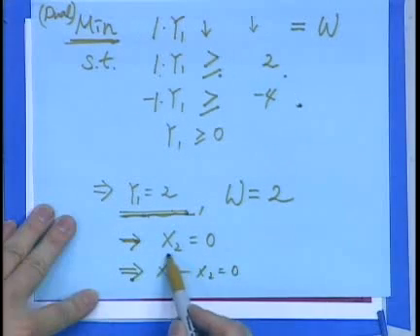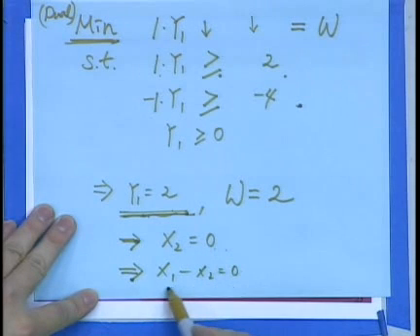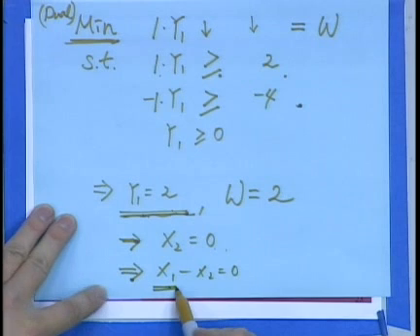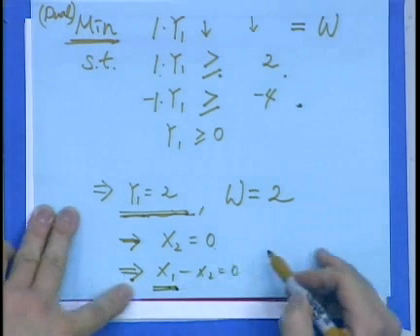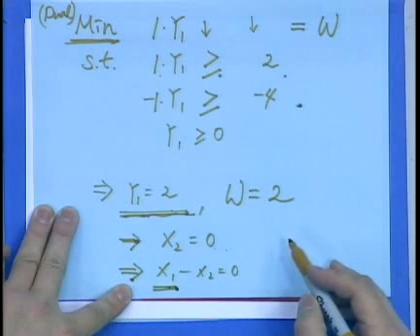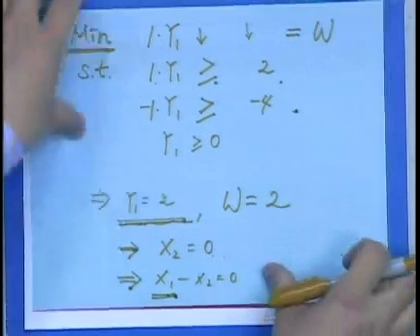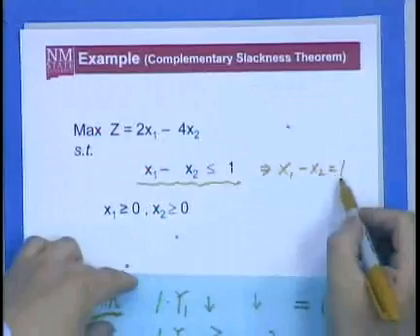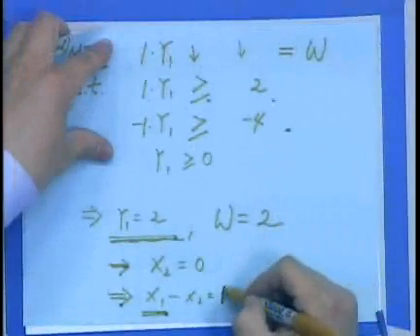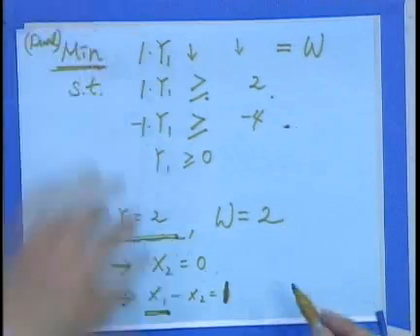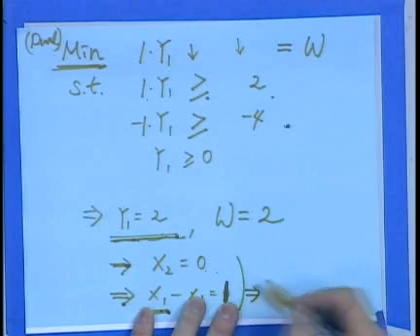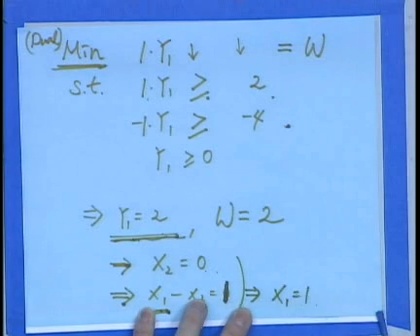If you use x2 equals 0, then what is the value of x1? Is it 0? Or, hold on a second. It should be 1, right? Okay. So from here, x1 becomes 1, right?